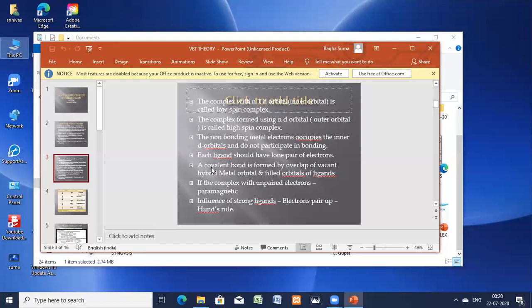Now coming to the third one: the covalent bond formed in the complexes is nothing but a coordinate covalent bond, a dative bond. It is formed by the overlap of the hybrid metal orbital and the filled orbitals of the ligands.